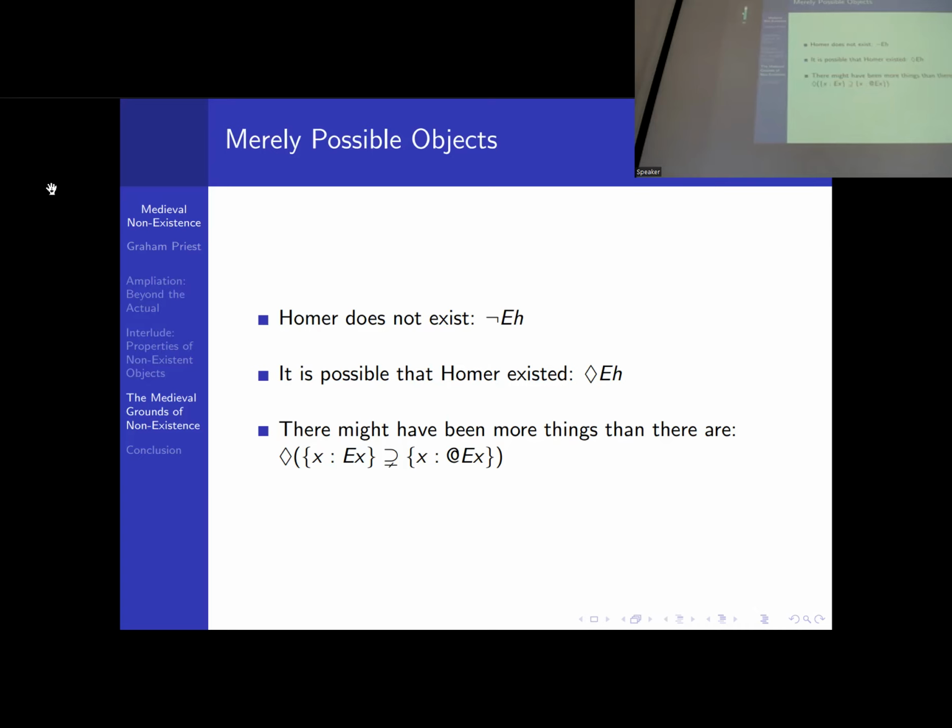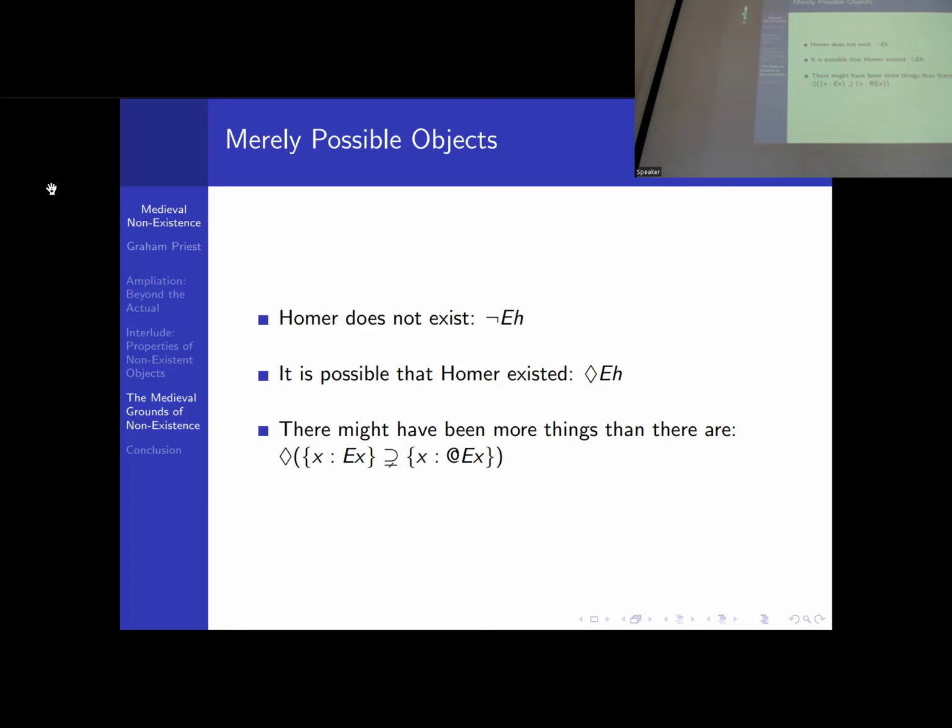So at that possible world, the noun phrase Homer does refer, and it refers to something that does not exist at this world. So one way or another, you're committed to the word Homer referring to something.